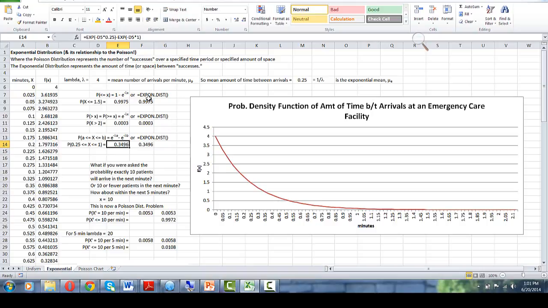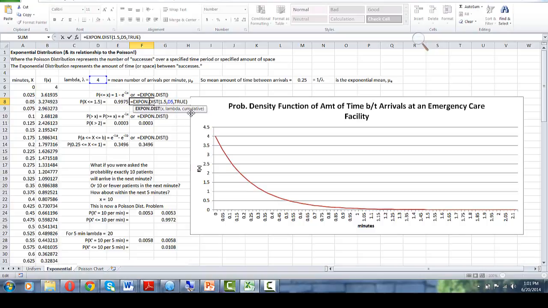And you can find those using the expon.dist command in Excel, where you have x as your first value, lambda, so not the mean of the exponential, but lambda, and then telling it whether you want cumulative, so you put true or 1 for the cumulative probability.